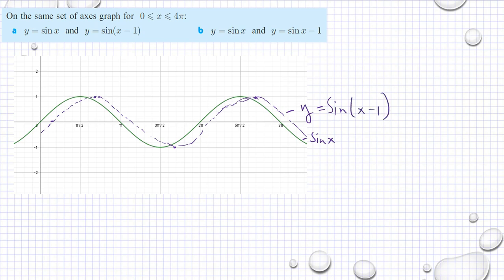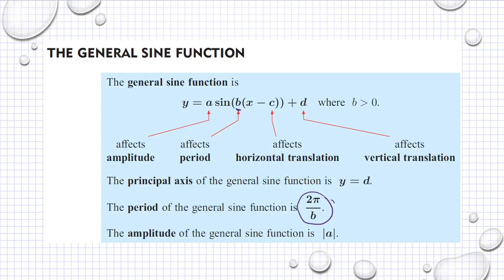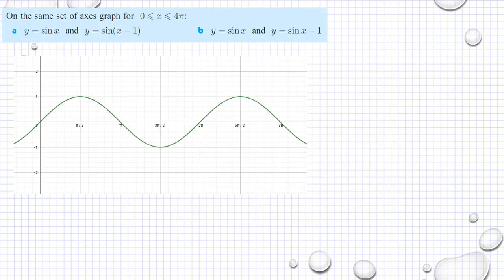Okay, how about the other? Y is equal to sine x minus 1. This one is d. That means it affects the vertical translation. So from 0 to 1 we have minus 1 there, from 0 to negative 1 here.